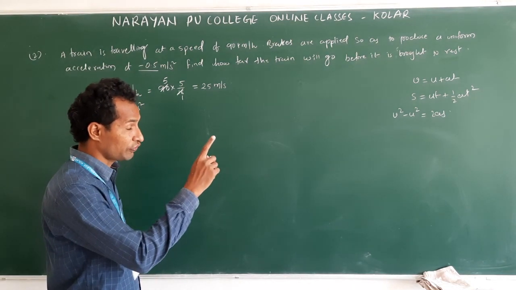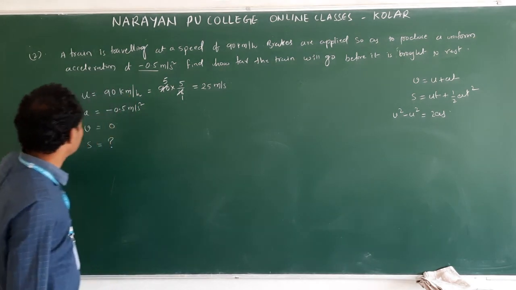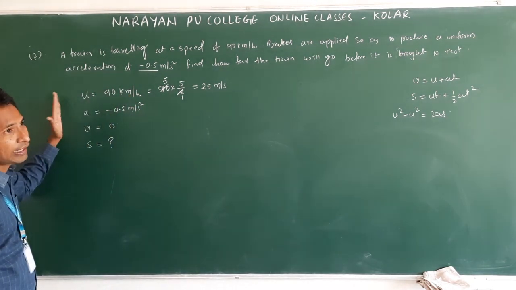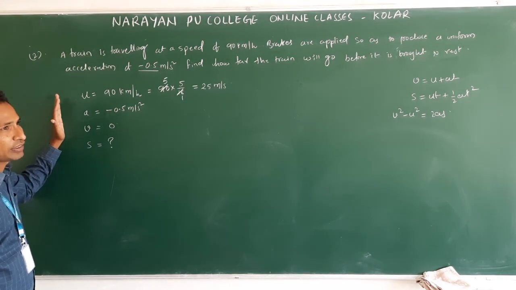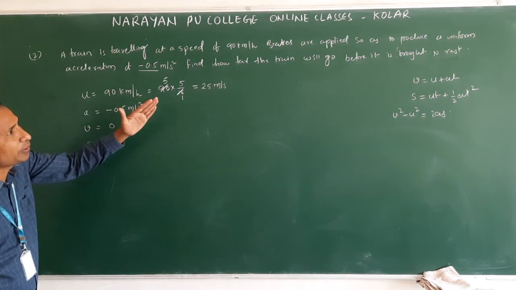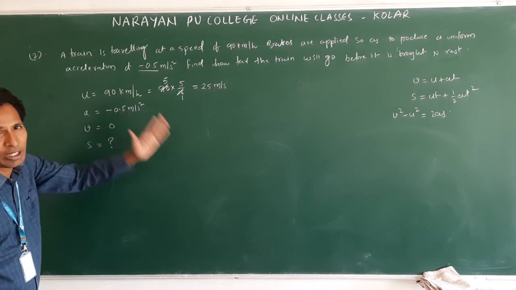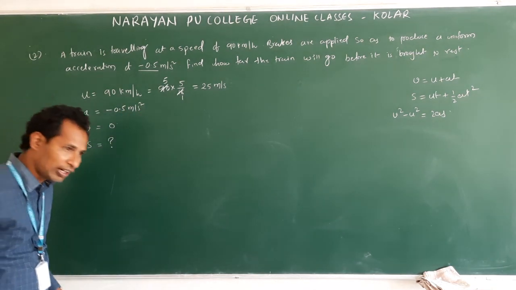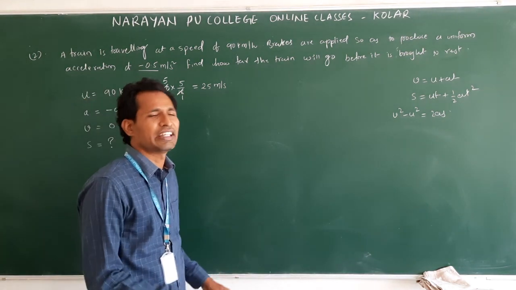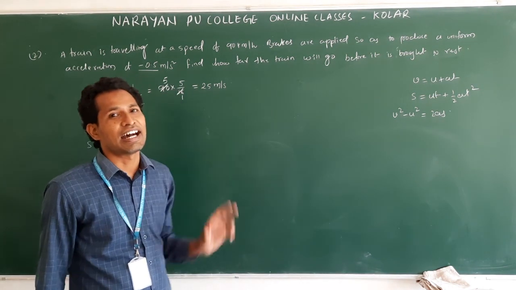Selecting the equation from the 3 depends on the given information and the asked question. Understand? Clear? As soon as we apply the brakes, the vehicle will not instantly stop. It travels a certain distance, any vehicle. So that distance they asked.